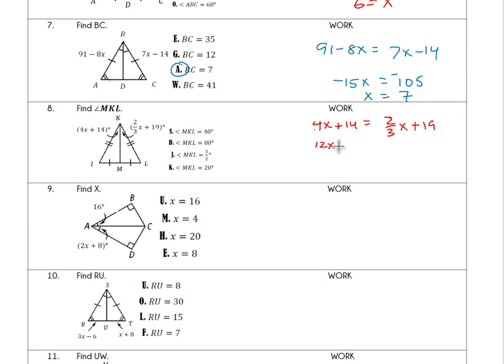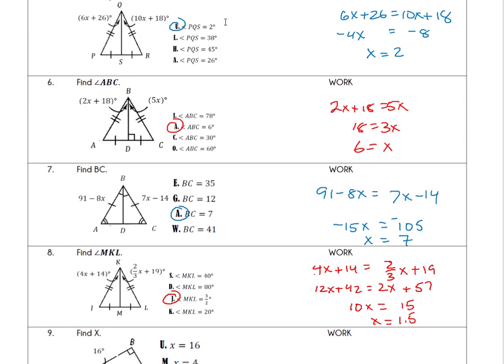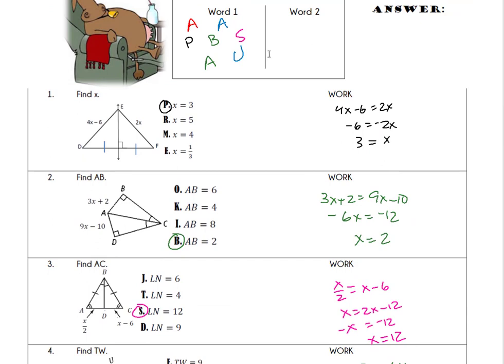So 12x plus 42 equals 2x plus 57. Take away 42 from both sides gives us a 15. Take away 2x from both sides gives us a 10. 10x is 15. X is 1.5. This is a J. So box 2, for word 2, we have a J.